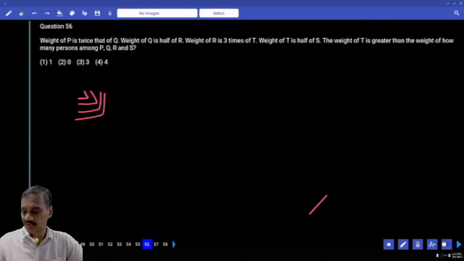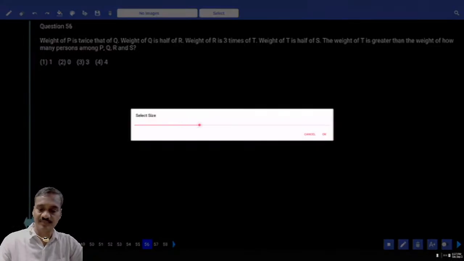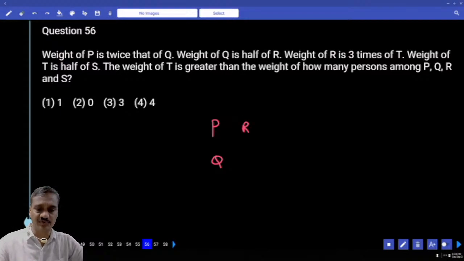Then 56. Now in this question number 56, weight of P is twice that of Q, and weight of Q is half that of R, isn't it? That means P and R must be of the same weight or not? Then next one.